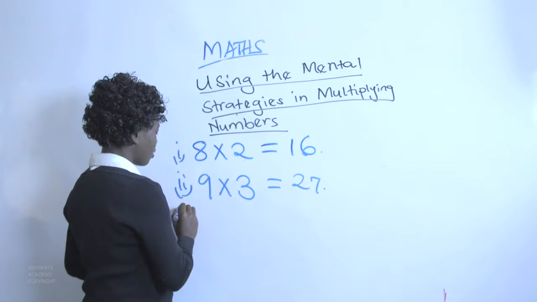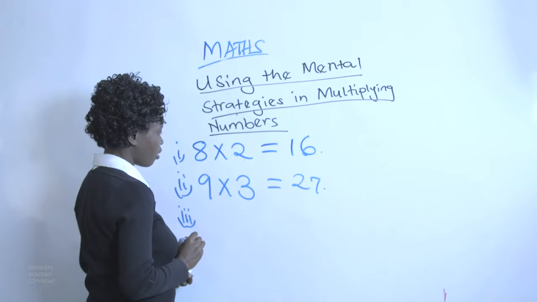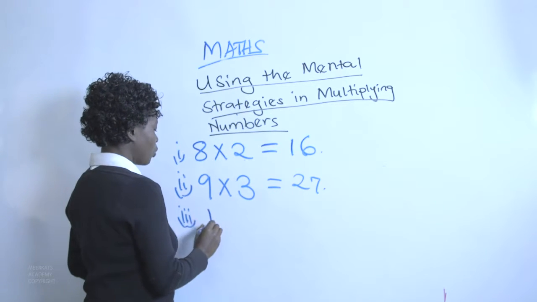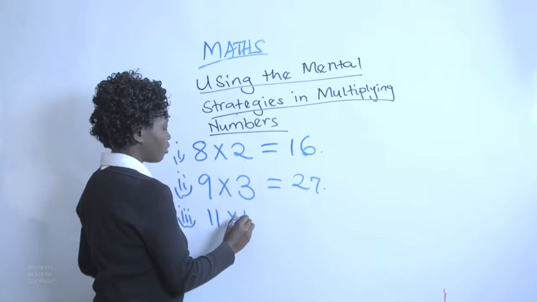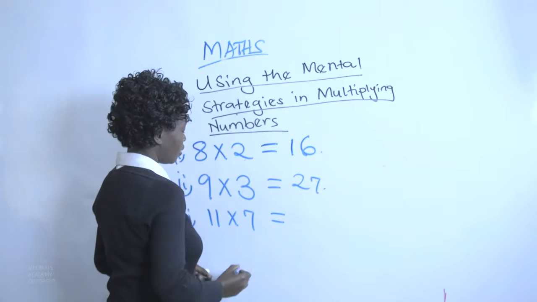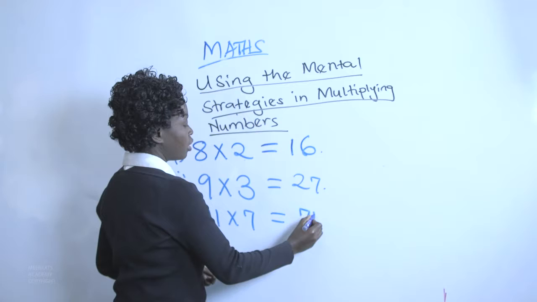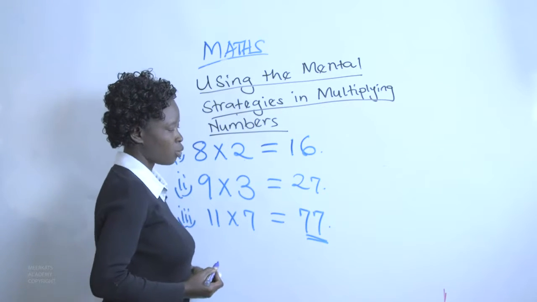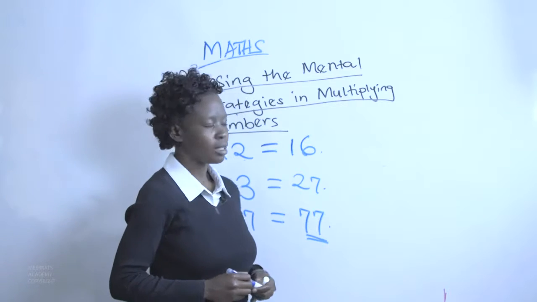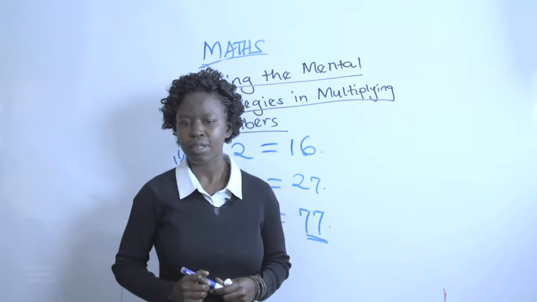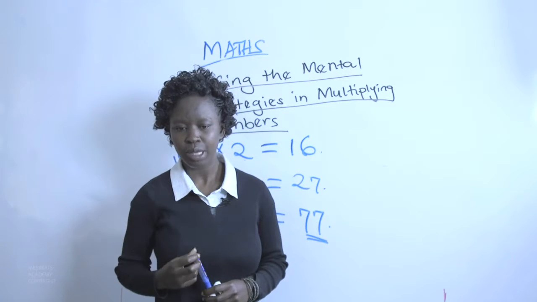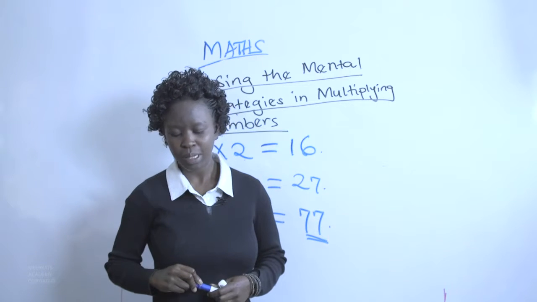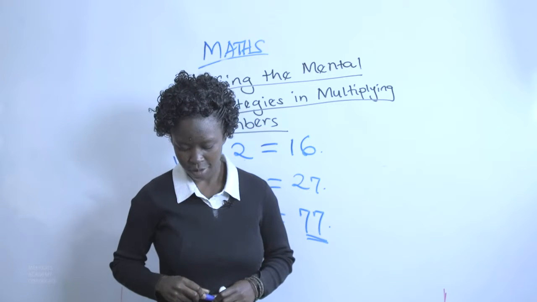Then another number on the multiplication table, we could be having 11 times 7, and 11 times 7 is simply 77. So this is one strategy which we can use mentally to multiply the numbers, whereby you're using your memory for the multiplication tables that we have.